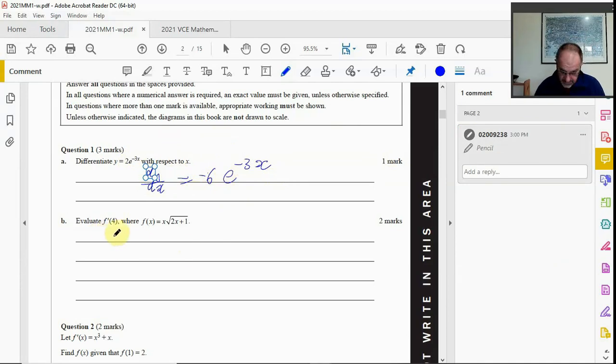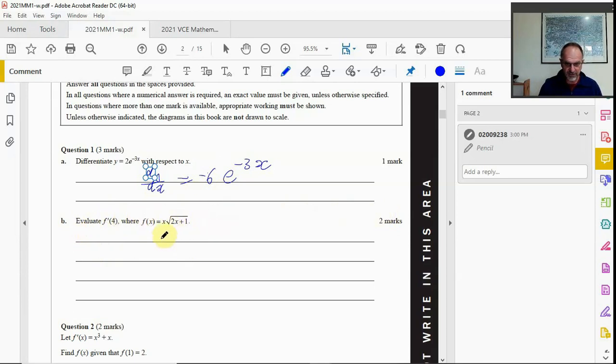All right, so this next one: evaluate f'(4), where f(x) is this function, x times the square root of 2x plus 1, and it's worth 2 marks. So first of all, we're after the derivative f'(4), so we need to differentiate this.